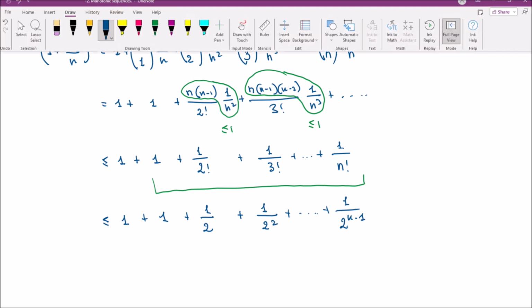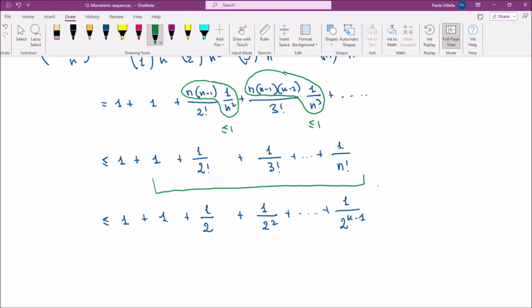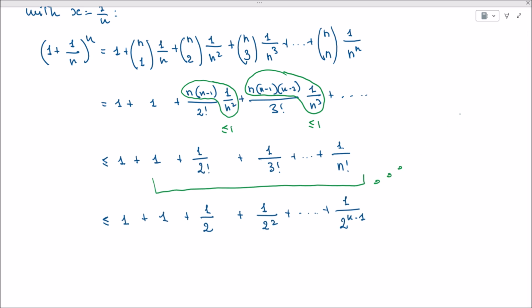So what we are saying here is basically, and we will prove this later, that 1 over k factorial is less than or equal to 1 divided by 2 to the k minus 1.